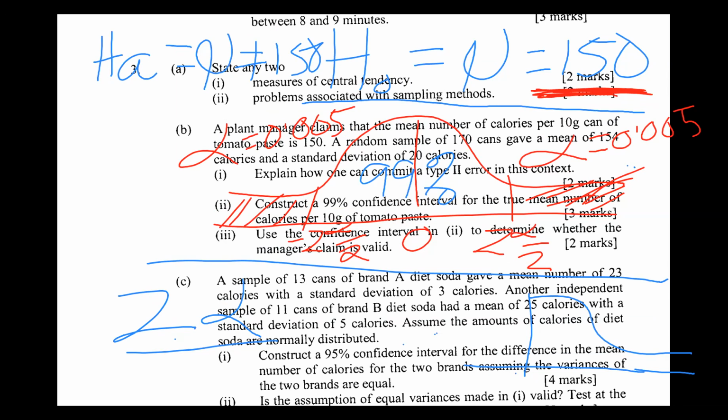Then you divide this alpha, 0.01, by 2. It will help us to get the critical value when you go to the table.